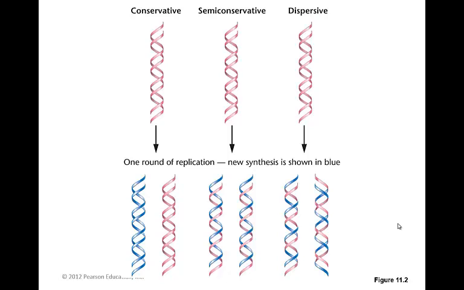In dispersive replication, the parental strands are dispersed into two new double helices following replication, and each strand consists of both old and new DNA. This mode, however, would require cleavage of the parental strands during replication. It is the most complex of these three possibilities, and therefore it was considered to be the least likely to occur. However, until they actually did experiments, they were not able to rule it out as a model.